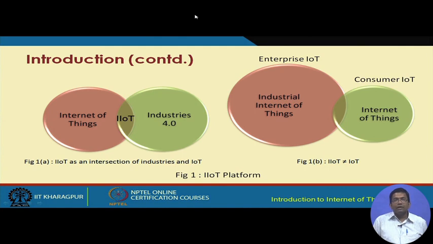IIoT and IoT are not one and the same. Whereas IoT focuses on consumer level services and products, IIoT has its focus on the enterprise. So the scope for IoT is consumer level, whereas the scope for IIoT is enterprise level.